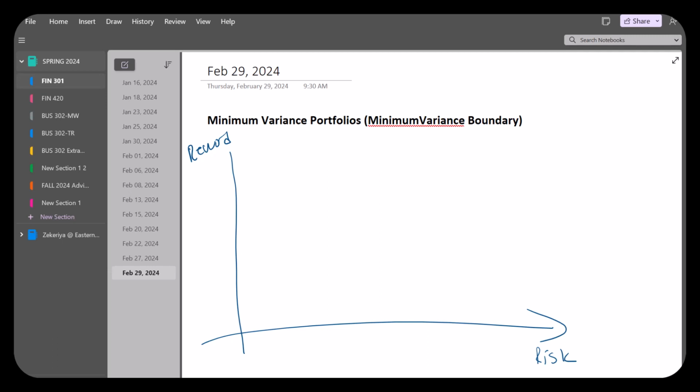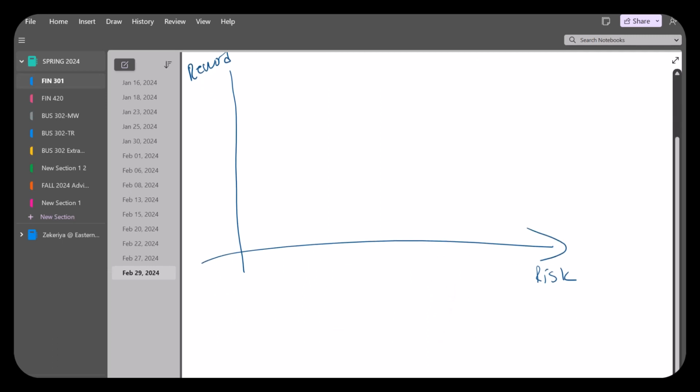I'm basically asking the following question. Alpha VOO, here the tags refer to the returns, plus beta FA, plus 1 minus alpha minus beta, BND.